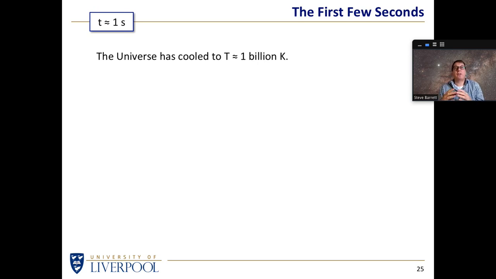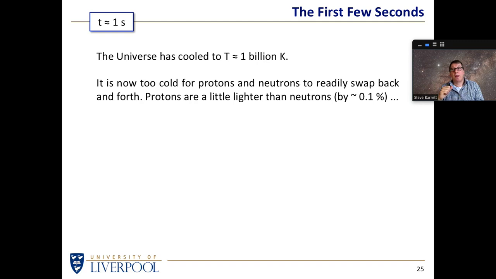So although that sounds like a ridiculous temperature, we're now getting to something that we can actually get a handle on. And although it's 1 billion Kelvin, it's a lot colder than the universe was. It's now too cold for protons and neutrons to readily swap back and forth. In other words, we're starting to freeze in the structures that we've made up to this point.